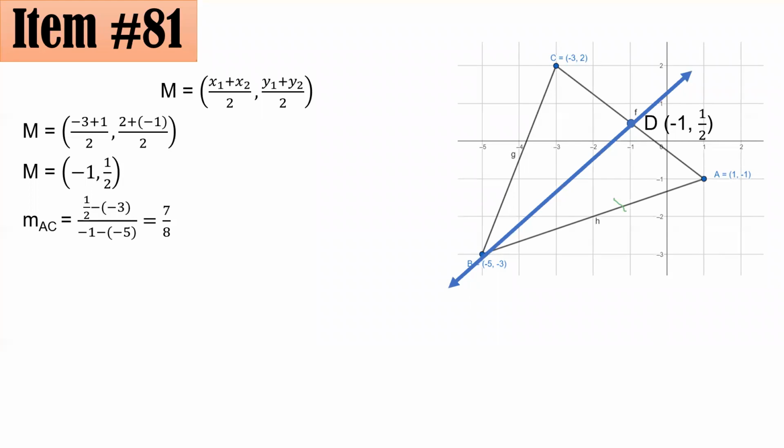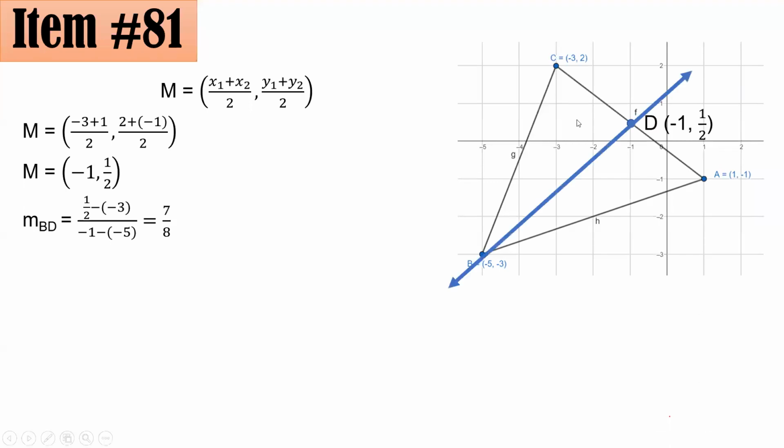Since two points determine a line, I first determined the slope of BD, the line connecting (-5, -3) and (-1, 1/2).